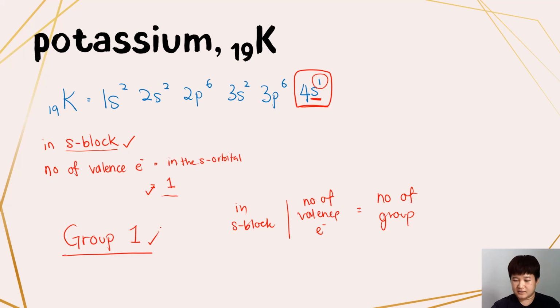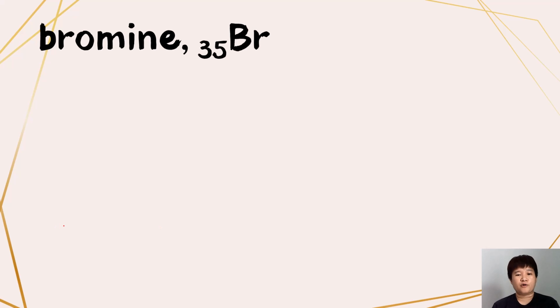Simple. Next, I have bromine 35. The electronic configuration of bromine 35 will be 1s2, 2s2, 2p6. You should be extremely good at writing electronic configurations at this moment.